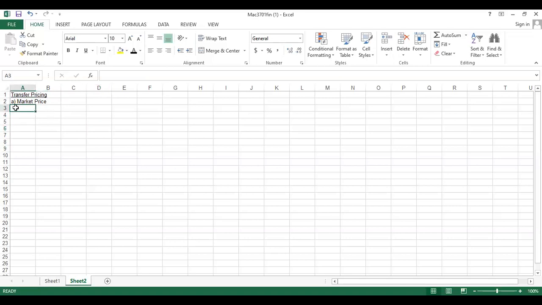And then again, the other price, the one that we are normally required to calculate this at, would be the incremental costs, incremental manufacturing costs, okay, incremental cost plus the opportunity cost.